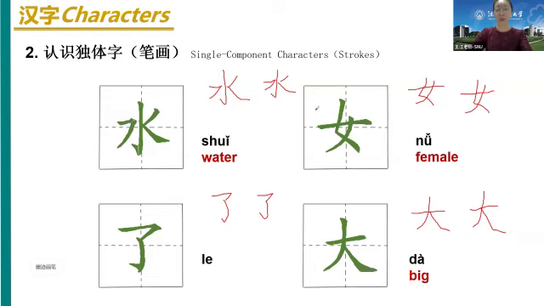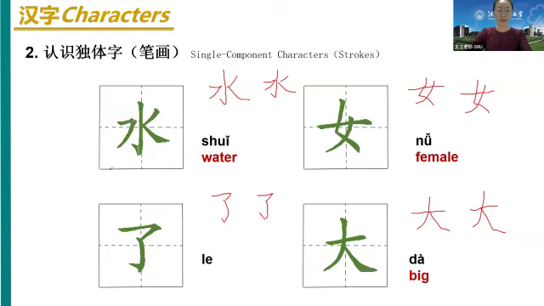If you can't read and write Chinese characters, you could be, say, illiterate, and you cannot get to an advanced level in learning Chinese. So, do you understand?